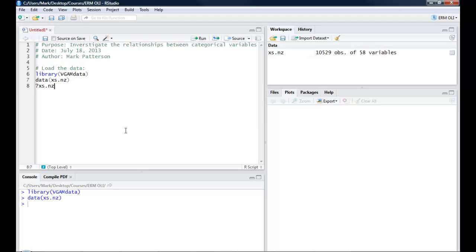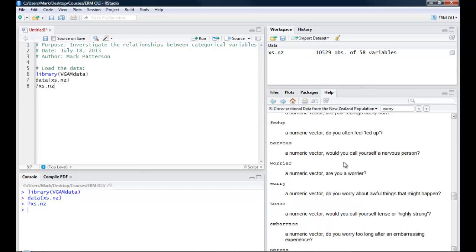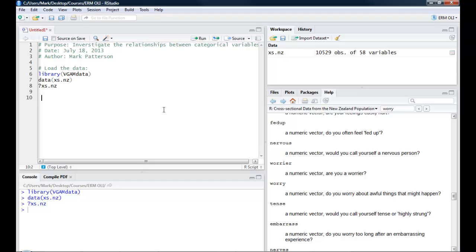And then we're going to bring up the documentation again, and there are just a few variables that we're going to be really interested in examining. A lot of this data set is about mental health variables. So in particular, variables of interest are going to be: there's a variable called worry here, which asks people whether they worry that awful things might happen.